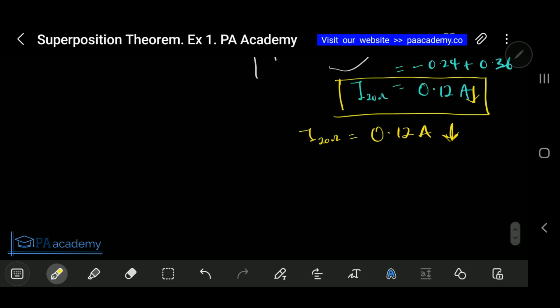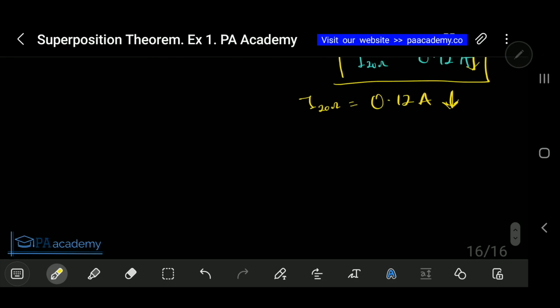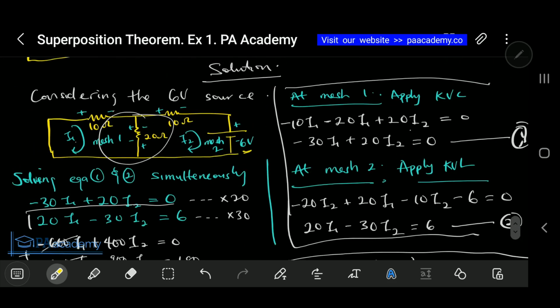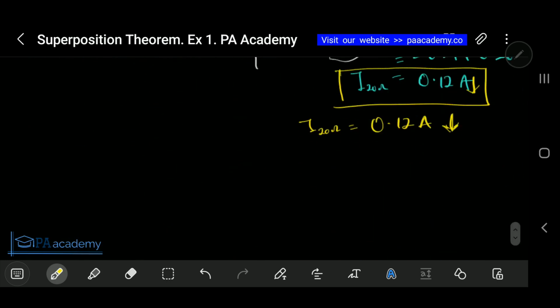So like I said, now let's go ahead and draw the circuit again. Let me draw the circuit considering the 12-volt source. In considering the 12-volt source, we are going to be having a circuit that looks like this. So that's the first resistor, the second one.